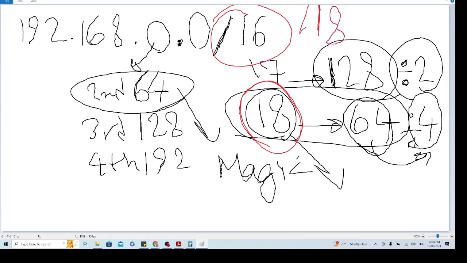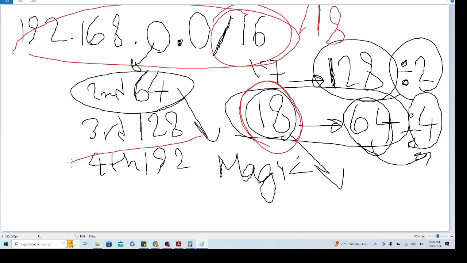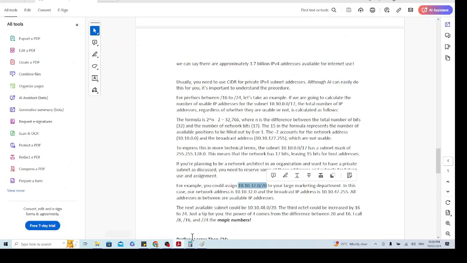So via this procedure, you can understand what your prefix will be in order to divide that network into 4. This is your third one.